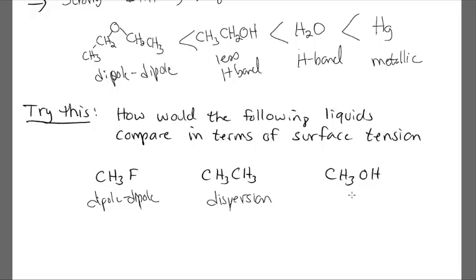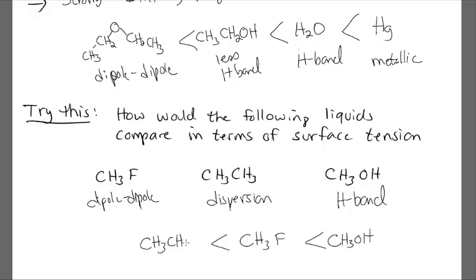And methanol, CH3OH, is going to be hydrogen bonding. So the strongest is going to be hydrogen bonding, and less than that will be the dipole-dipole, and less than that will be the dispersion forces.